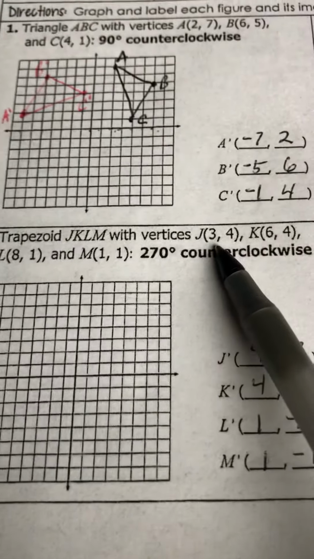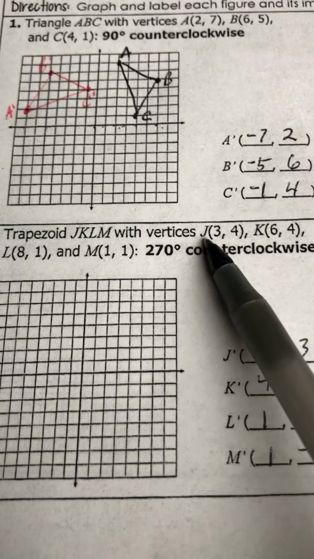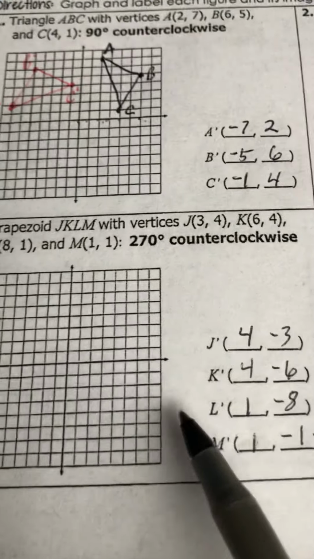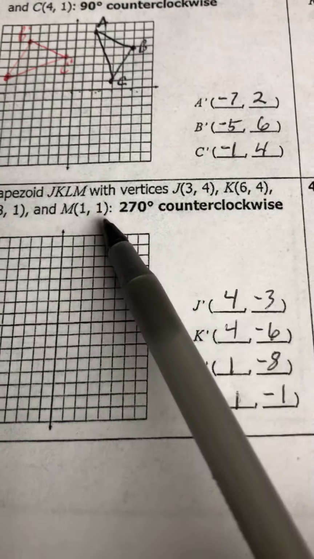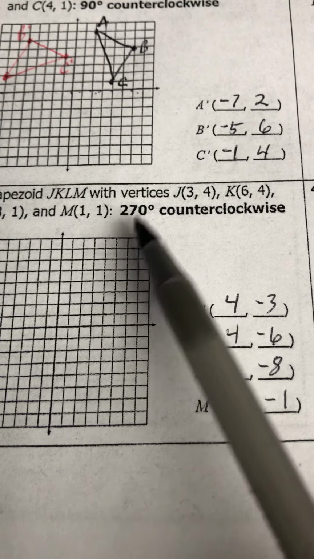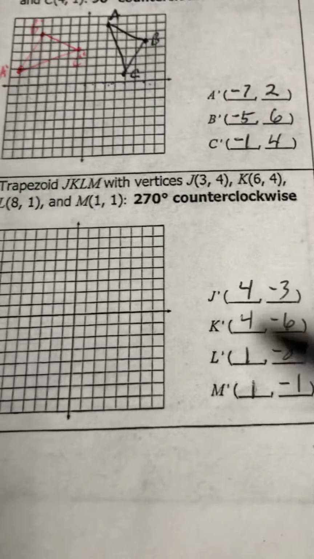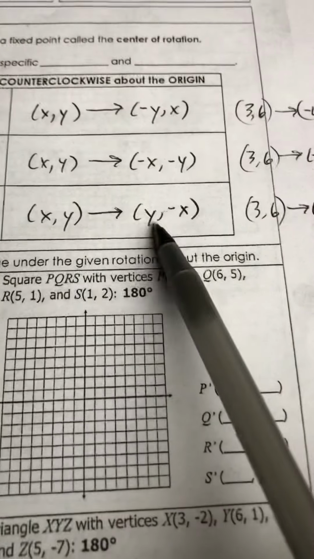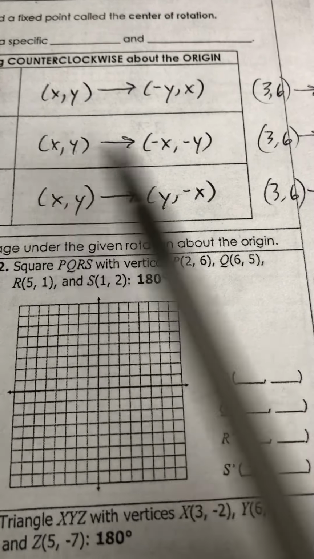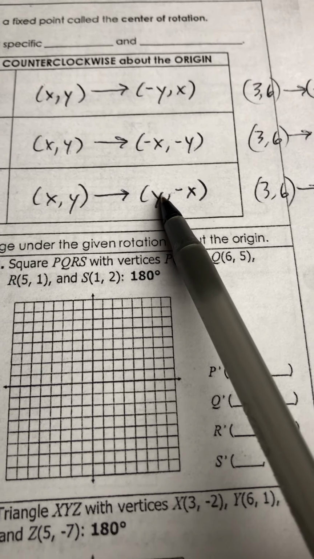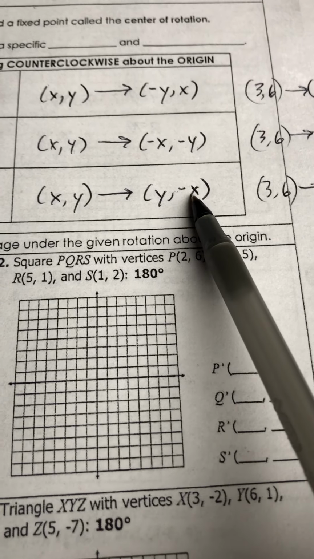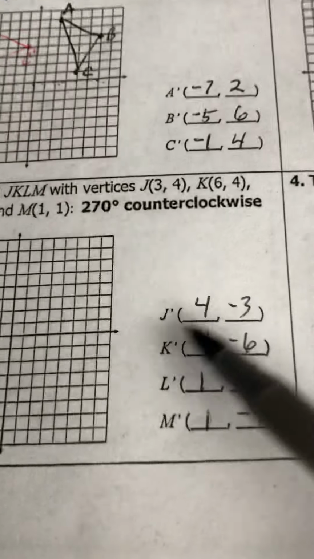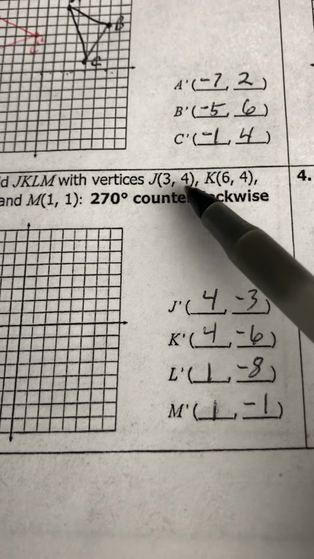So, as you put down the trapezoid J, K, L, M, make sure when you use these coordinates, this is what you should be getting for 270 degrees counterclockwise. When you do the 270 counterclockwise, remember, you take your x, y, your new x becomes what your y was, and your new y becomes what your x was, negative. So I went through and asked, what was the y? This y now becomes my new x.